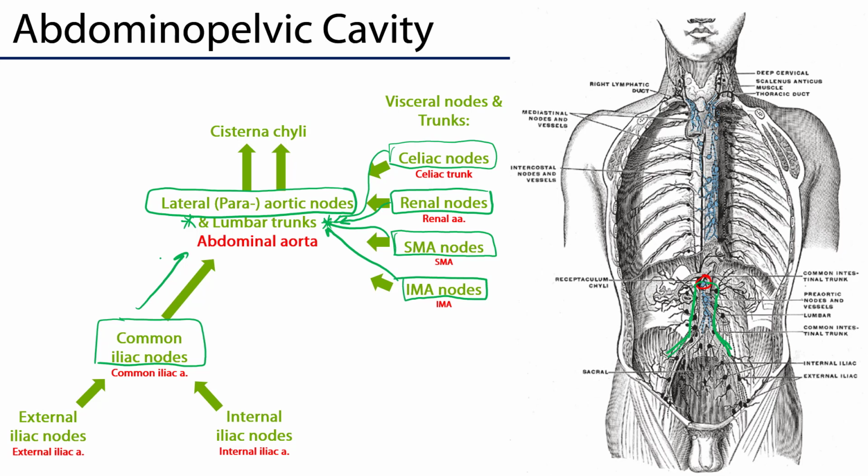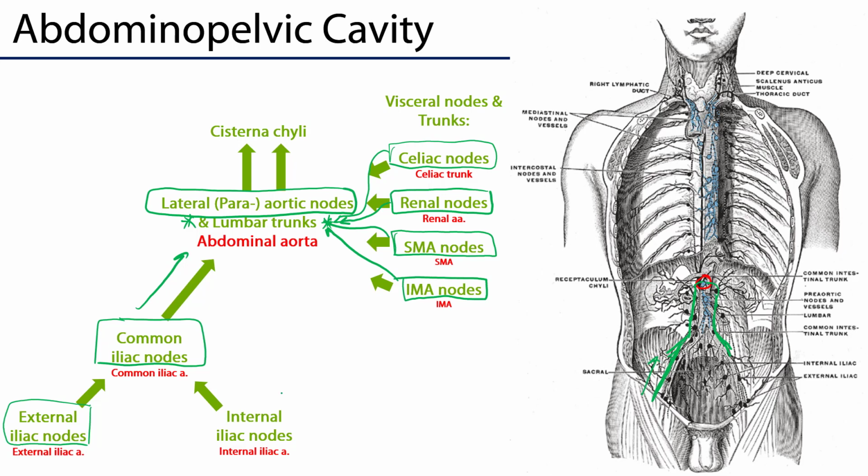And these common iliac nodes are going to receive lymph from two major locations. So there are external iliac nodes associated with the external iliac artery.